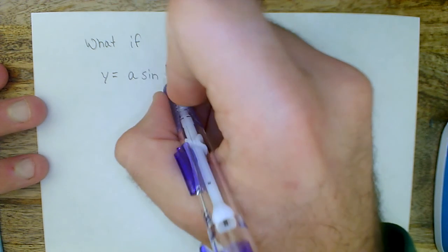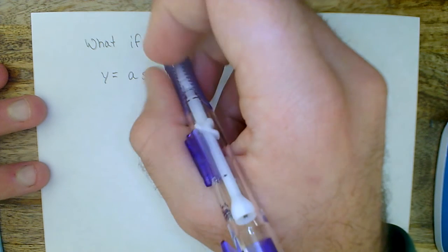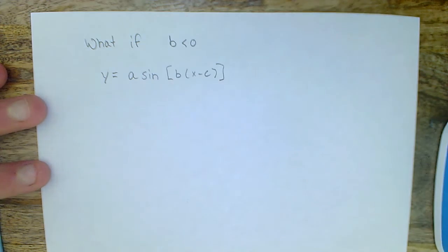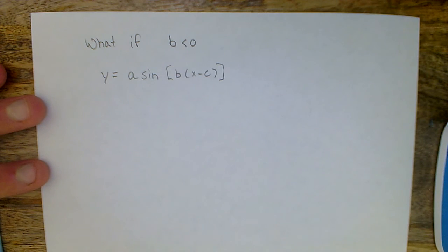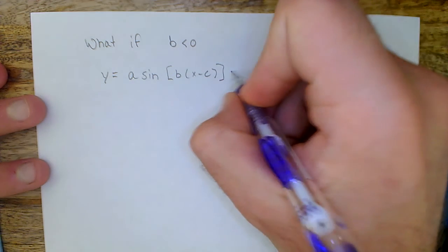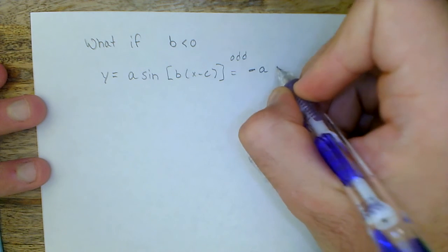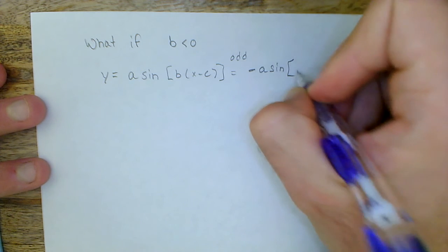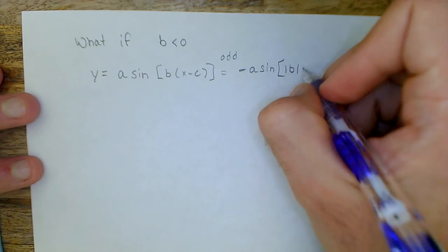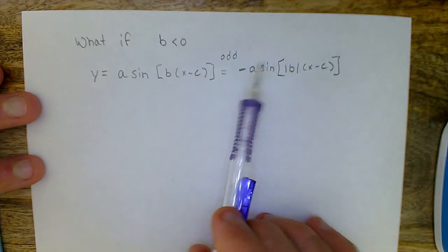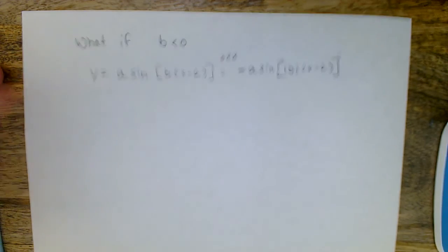So if y is equal to a sine of b times x minus c, where b is negative, then because sine is an odd function, this is the same thing as negative a times the sine of the absolute value of b times x minus c.